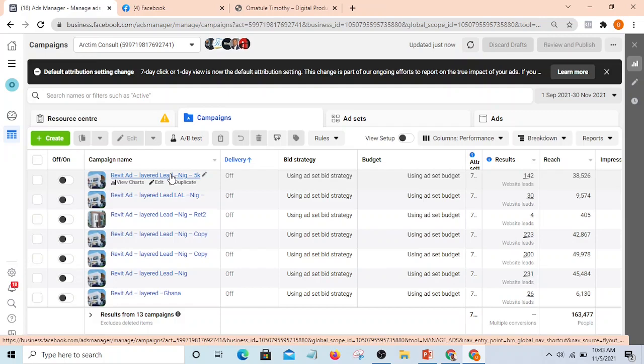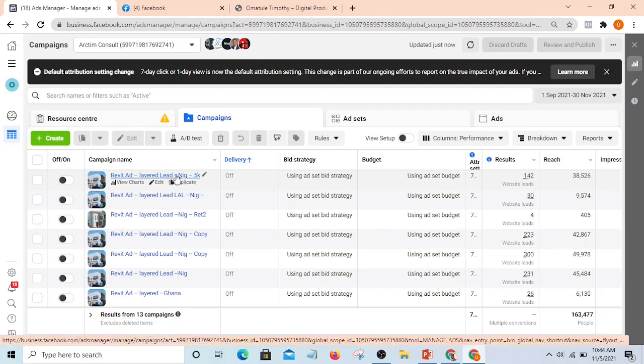So that is the importance of vertical scaling. Vertical scaling helps you to concentrate your engagement, your likes, your comments on one particular ad. So it is better. I will encourage you to always do vertical scaling instead of horizontal scaling.